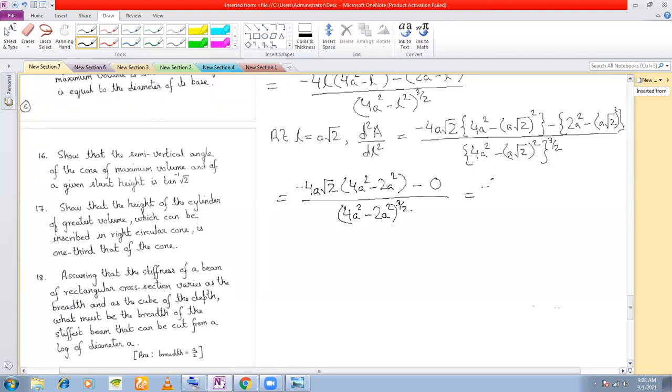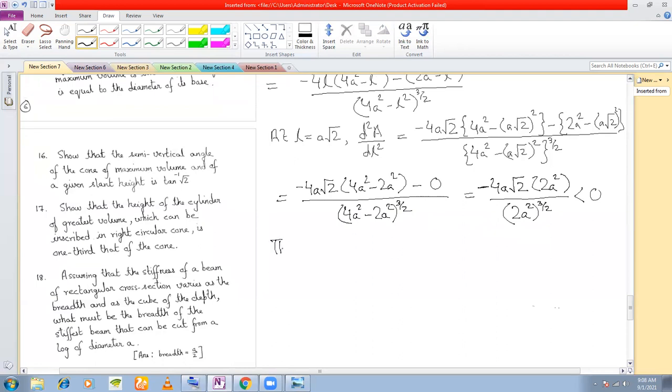So you get minus 4a root 2 into 2a square divided by (2a square) to the power of 3 by 2. Now we only want the sign, right? So we need not simplify. So you see a negative sign, and a is the radius, so a has to be positive, right? Except for the minus sign, everything here is all positive. So this has to be less than 0.